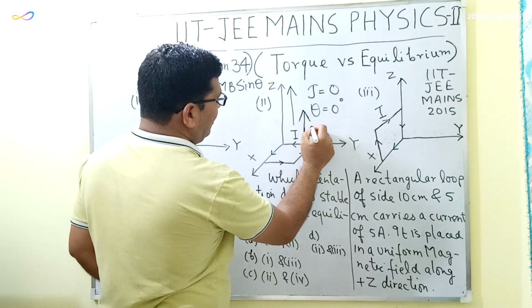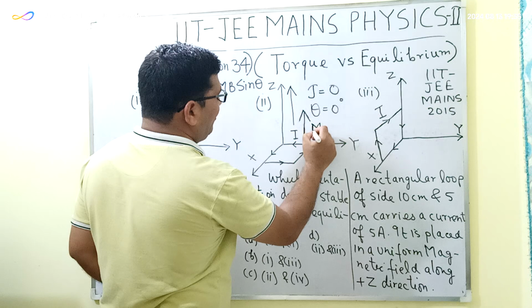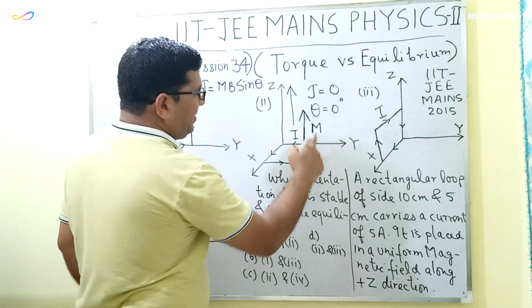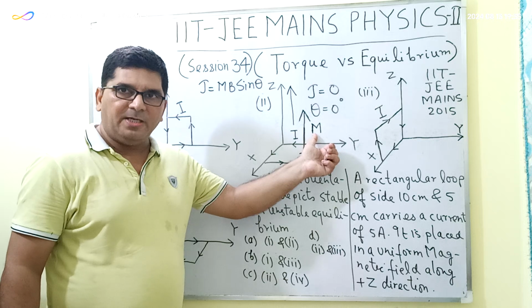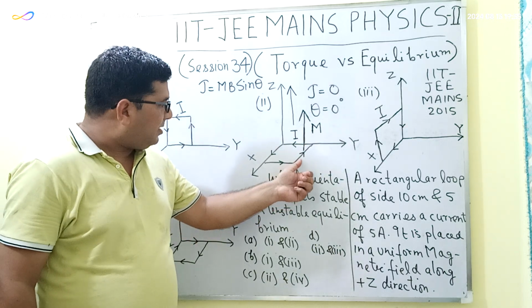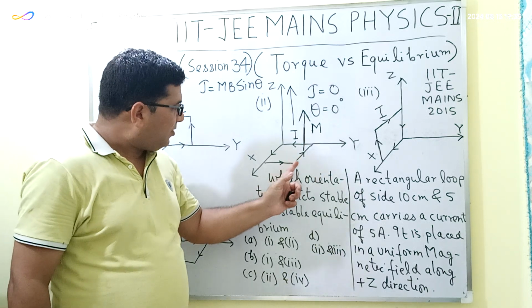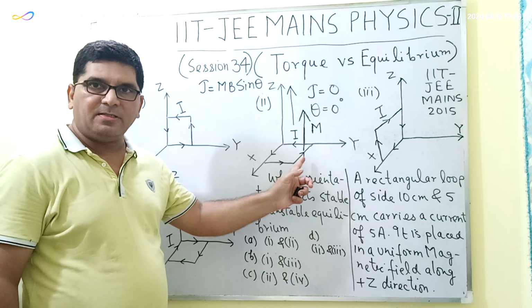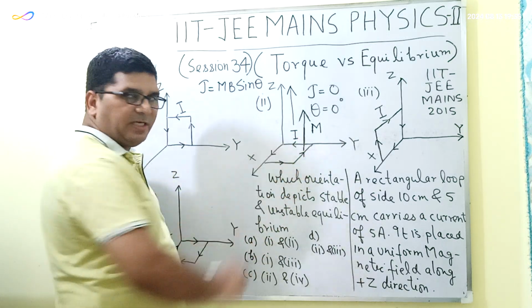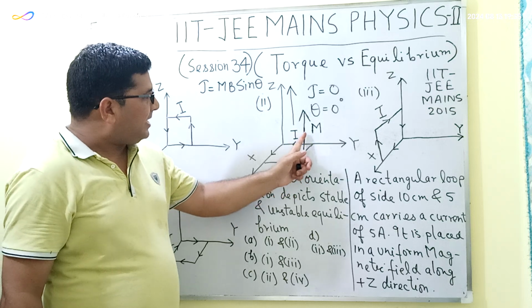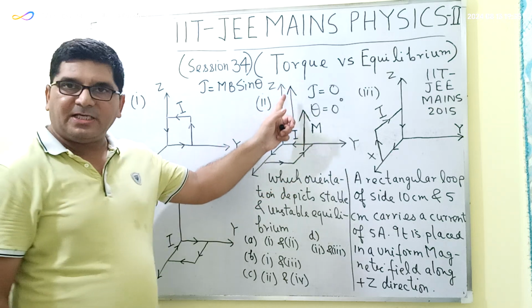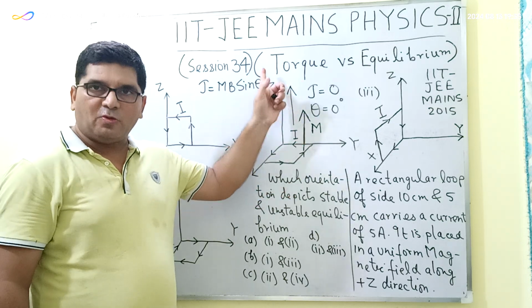This is the direction of the magnetic moment, which I am here depicting with capital M, when the current is flowing in this anti-clockwise direction, and it is lying in the xy plane. So when it is lying in the xy plane, the direction of the magnetic moment will be along the positive z-axis, and it will be directed outward.